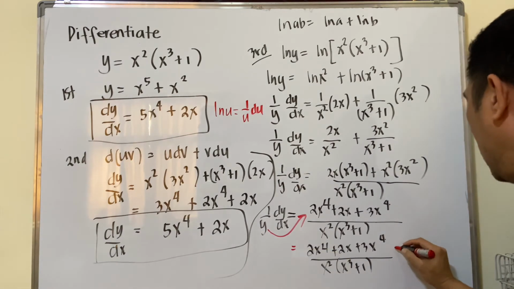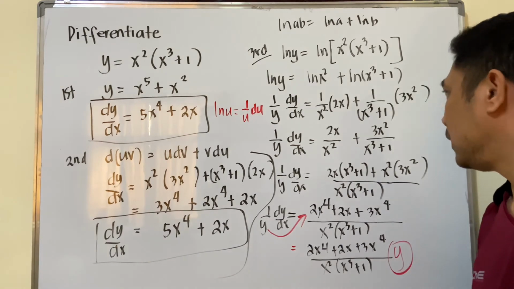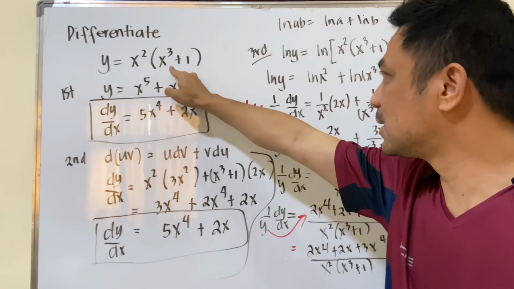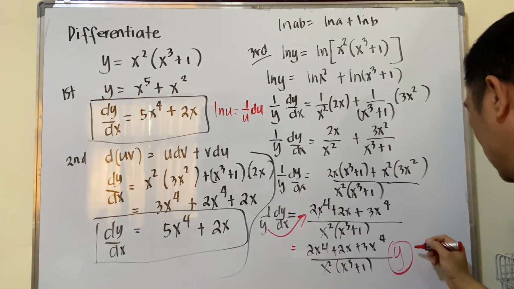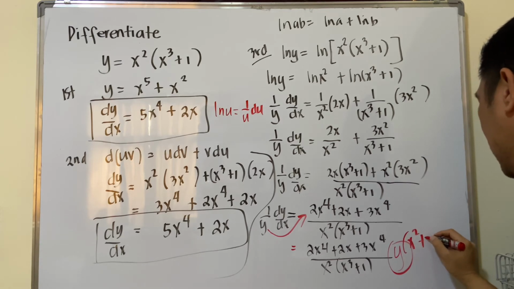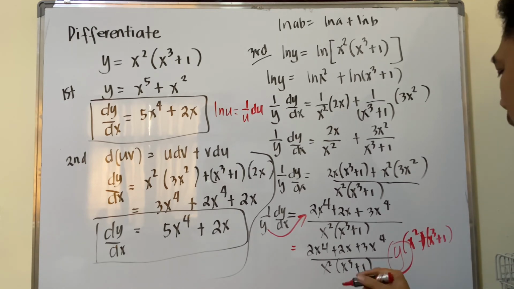Notice that y is equal to x squared times x cubed plus 1. So I'll just put it here, x squared times x cubed plus 1. This will now cancel to your y value.